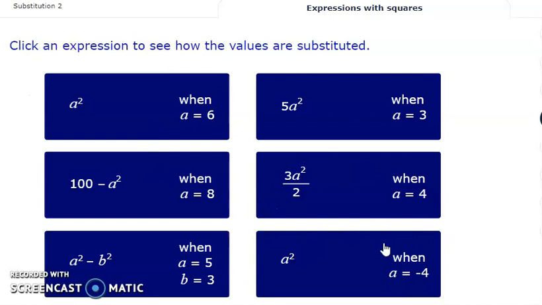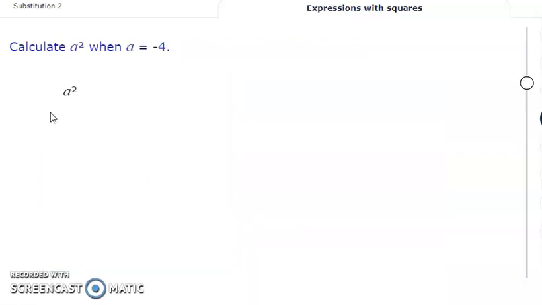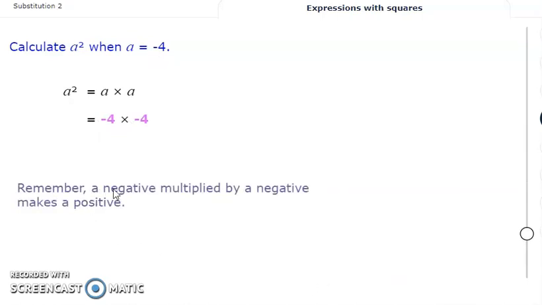Let us try and solve another question. This question is a square, where a is negative 4. So how to solve this? a square is equal to a times a, but a is negative 4. So negative 4 times negative 4. Remember, a negative number multiplied by a negative number makes a positive.